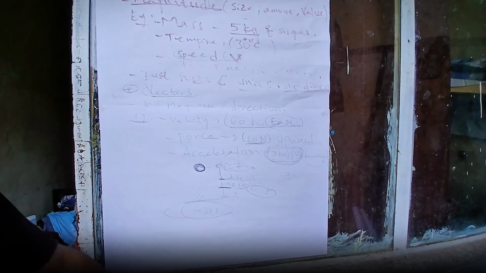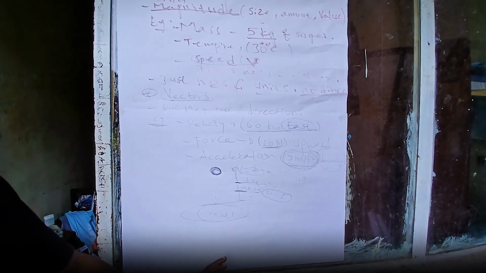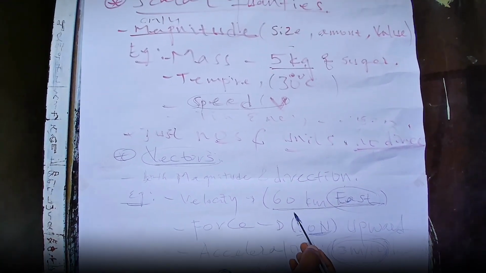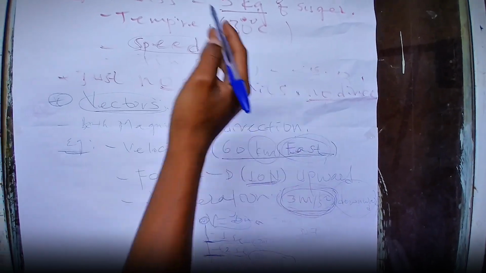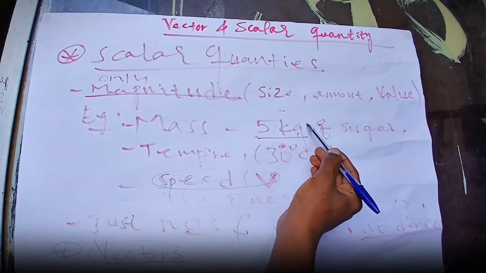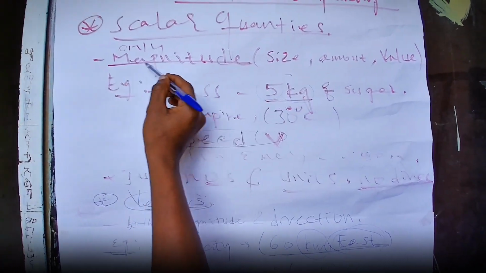Scalars have magnitude, no direction. Vectors have magnitude and direction: number, units, and direction. A scalar has only a number and units. This number shows the magnitude.